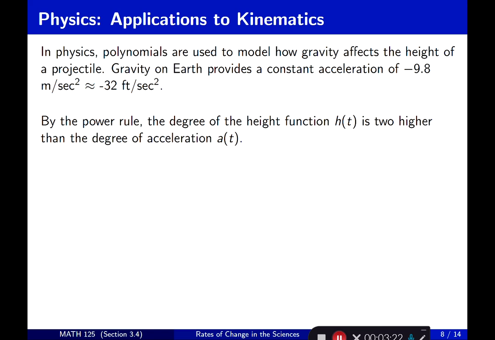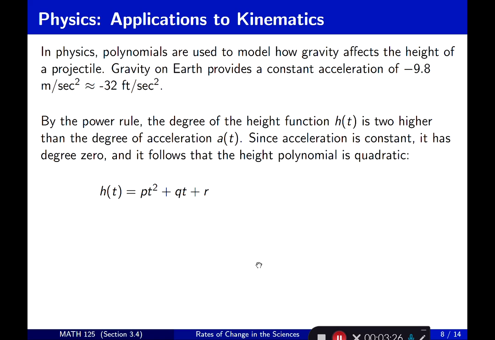When I take the derivative twice, I end up with negative 9.8. So let's assume h of t is pt squared plus qt plus r, a polynomial of degree 2, which is what the constant acceleration tells me.